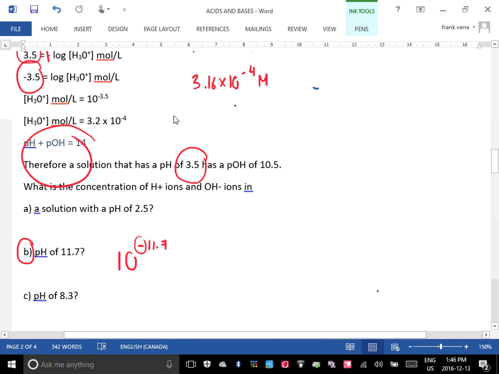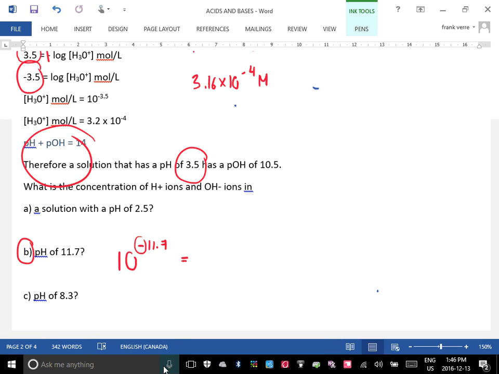Then it becomes positive. That's a great question. Yeah, I'll mention that in a second, okay? So the question was, what if the pH is negative? We'll look at that one next time, okay? So what's the concentration of a solution that has a pH of 11.7? So the inverse log is 10 to the power of negative 11.7.